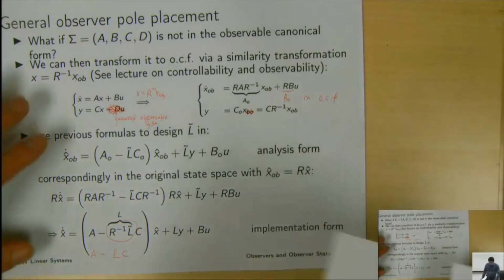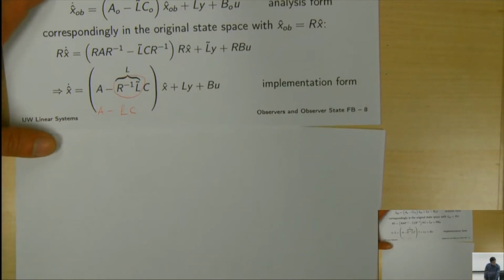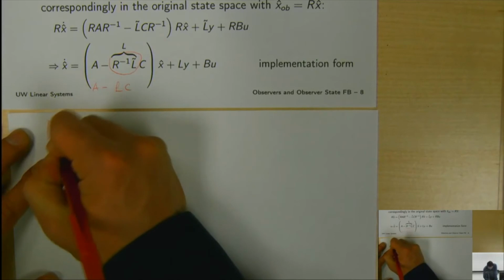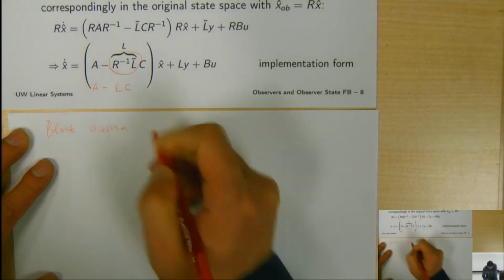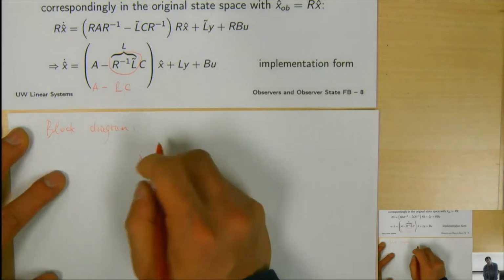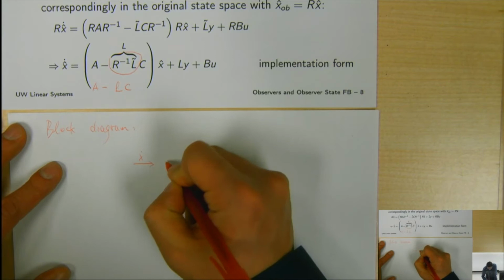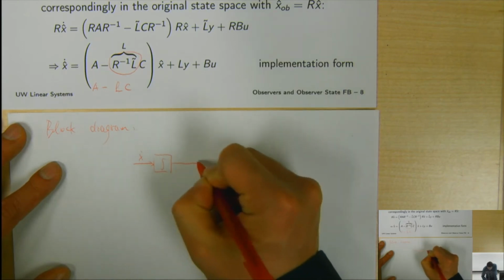In the block diagram, this is how it would look like. So x dot equal to Ax plus Bu. That relates us to x dot equal to A times x.